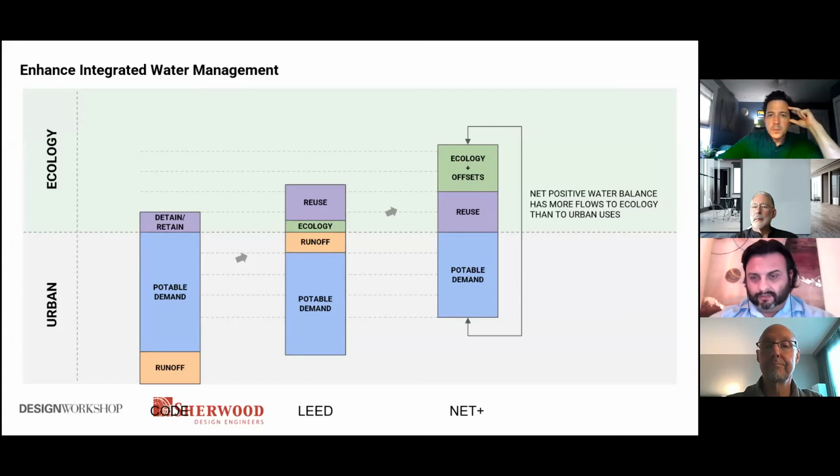And if we go to the very far right, it's a more aspirational approach where we're really making use of that reuse water and bringing a lot more value to the ecology understory of the site. So where we land on this range will depend on the project and those goals, as well as what the owner client is looking to achieve.